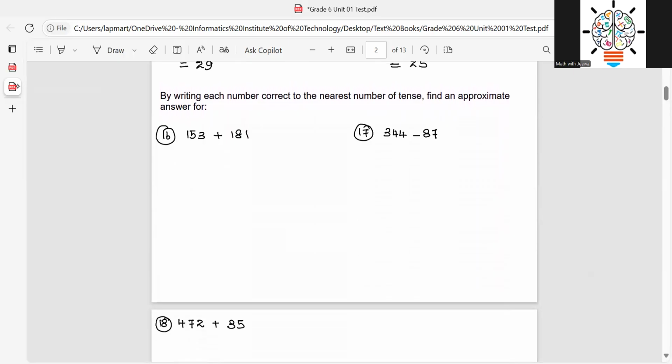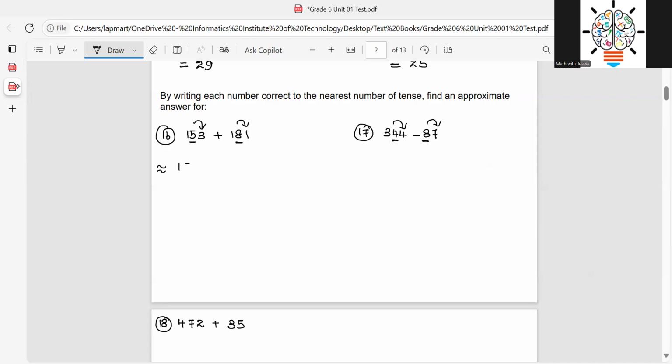Then this one, read the question instruction carefully. Writing each number correct to the nearest number of tens, right? Nearest number of tens. So you want to underline the tens. This is the easy thing you want to do. You mark the tens place and you look at the next number like this, right? Then how do you write this?